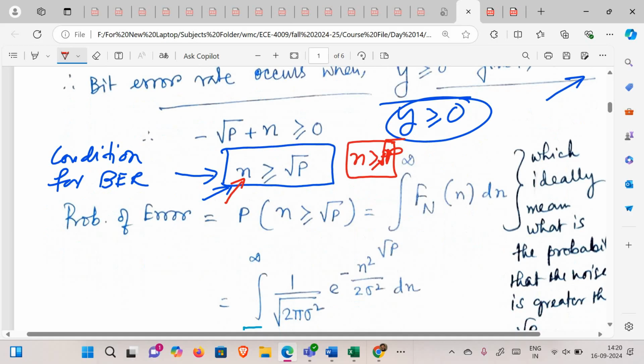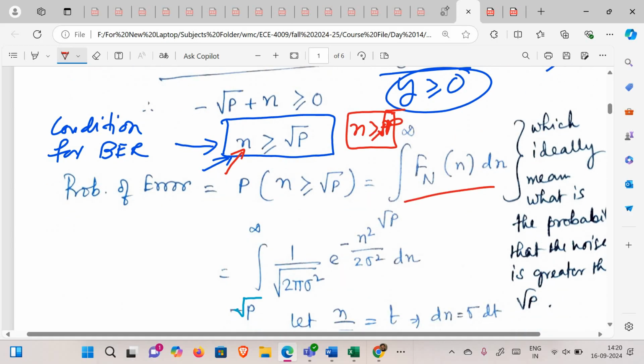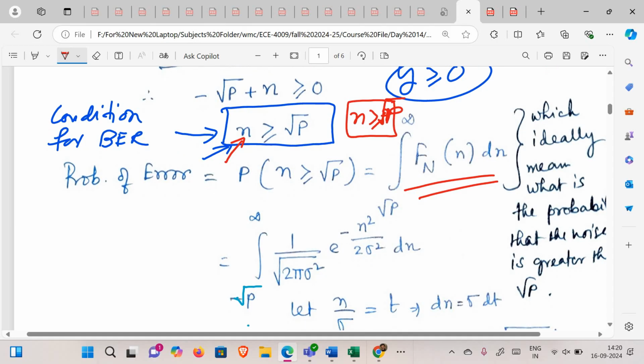Don't worry about all these calculations, they won't be required for you. You can see on the right-hand side I have written the physical meaning of it: the probability that the noise is greater than square root P. That is given by the integration from square root P to infinity of the PDF of the noise. Usually that is the rule.